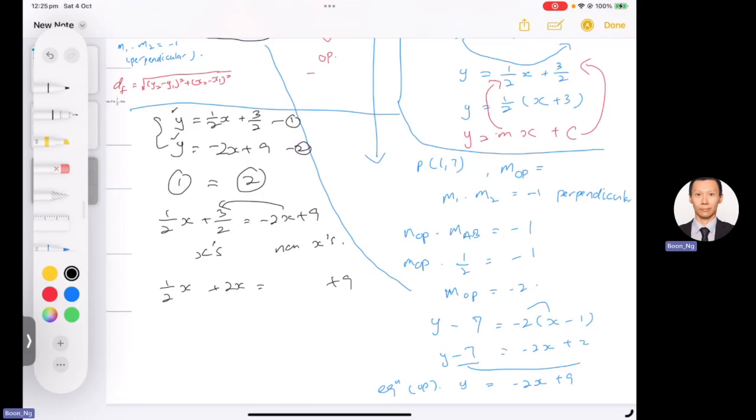And I copy plus 9, and this move across, I get negative 3 over 2. Combining these two, I get 5 over 2 x. Combining these two, I get 15 over 2.